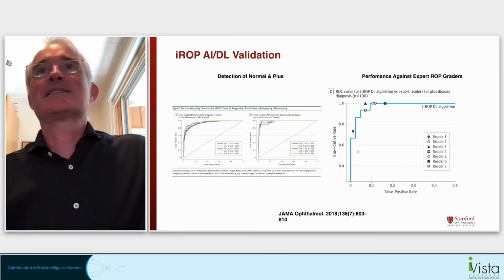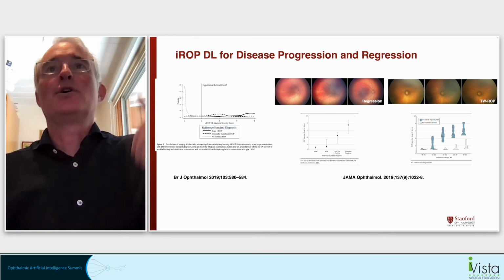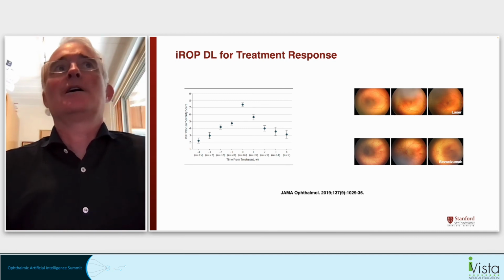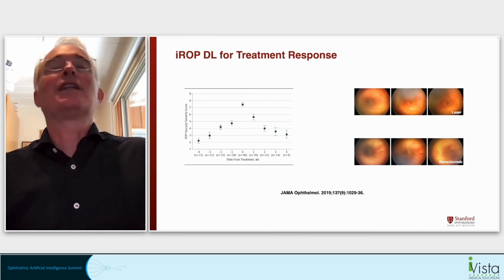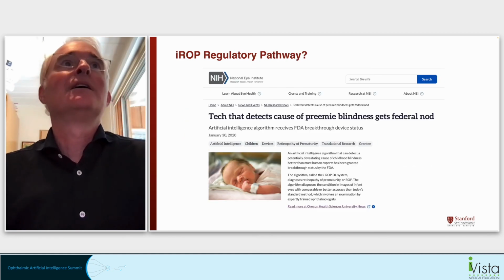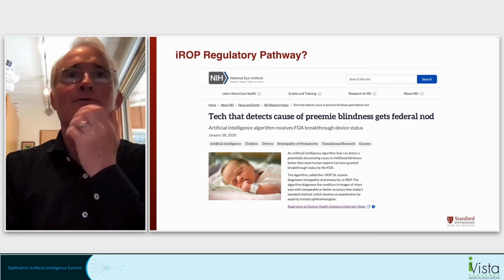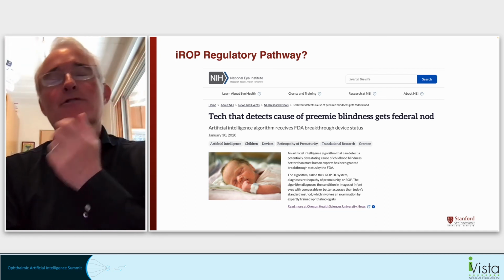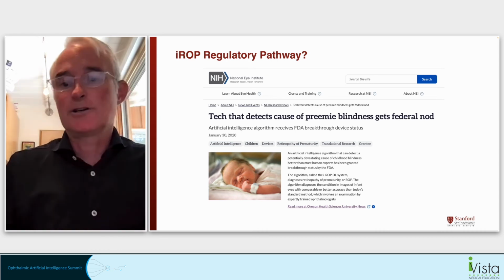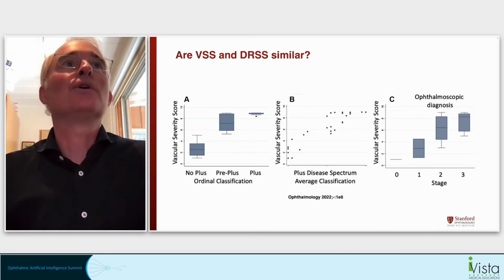This has been extensively validated against expert ROP graders, both for disease spontaneous improvement or going on to requiring treatment, following treatment response, whether it's retinopathy or pharmacologic. And the regulatory pathway is they received breakthrough status, and it remains to be determined whether they're going to go for a physician-assisted or an autonomous device. And we wish them very well because it's useful.